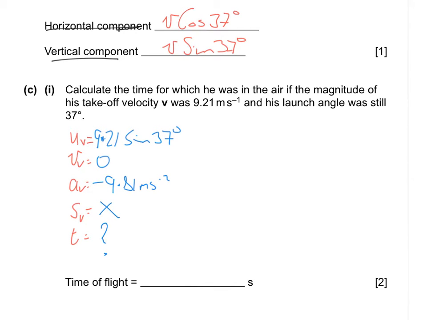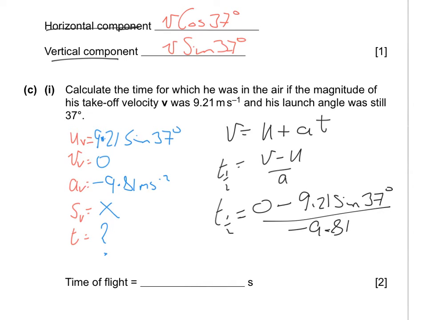So we need some kind of UVAST equation that doesn't require us to know s, the vertical height he goes to, but does contain t. That particular one is v equals u plus at, and that means that v minus u over a will equal t. We just need to fill that in to get the time to the halfway point.